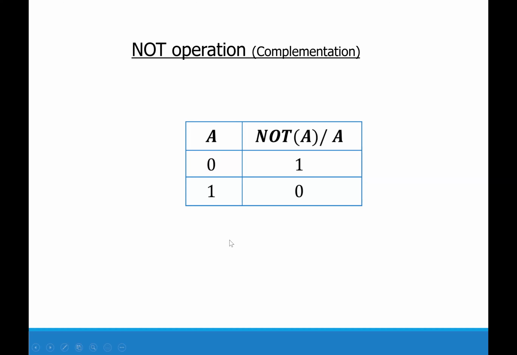Now you need to decide how many input combinations we have if we are considering 2 inputs A and B. How many input combinations? What are the possible values for A and B?